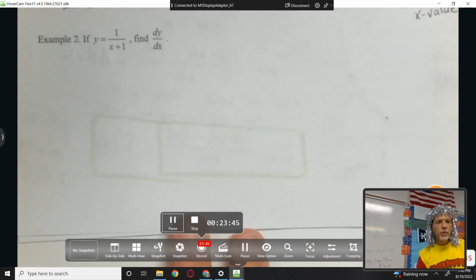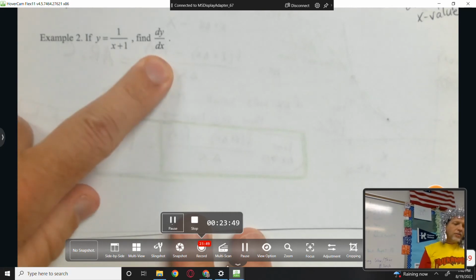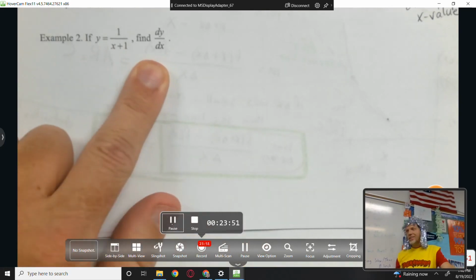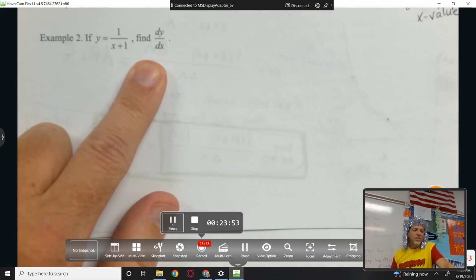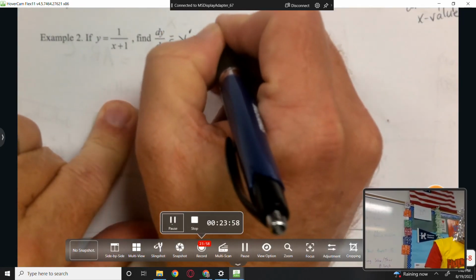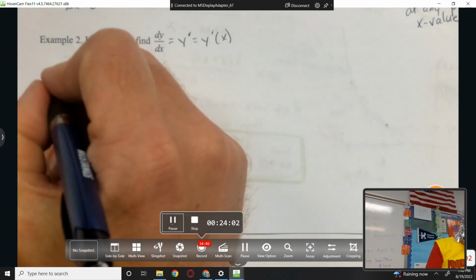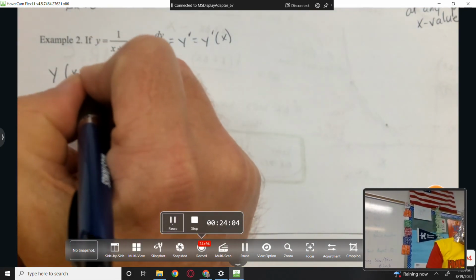Example 2. Fraction. Find dy dx. So we've used a different notation, but it's still the same thing. We want to find y prime of x. So those are all the same thing. So again, I need to find y of x plus delta x.